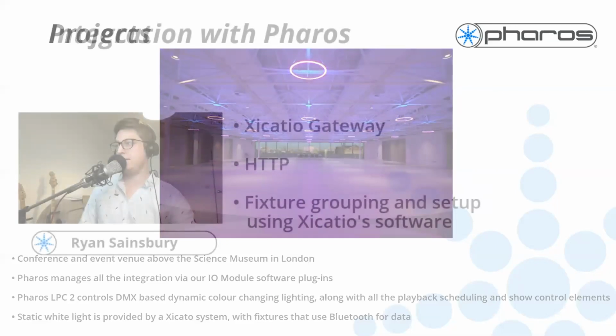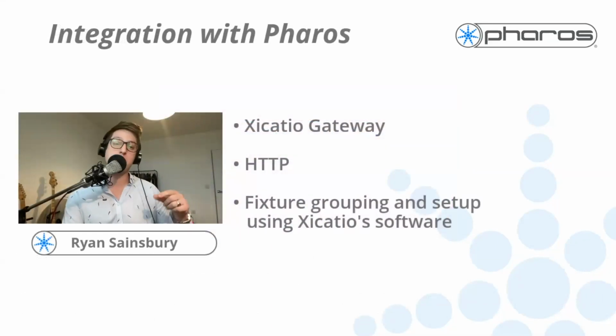So in terms of integrating Pharos with the Xicato system, there's a couple of things that we'll probably need to run through first. Pharos does not speak Bluetooth. It does not have any Bluetooth capabilities. So you are going to need what's called an XIG, a Xicato Intelligent Gateway. Effectively, this Xicato gateway sits on the same network, the same Cat6 Ethernet-based computer network that the Pharos controller will be on.